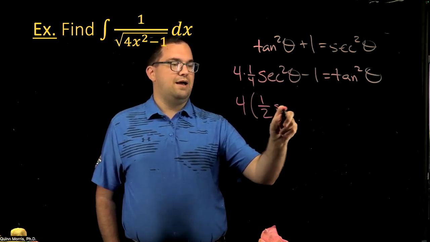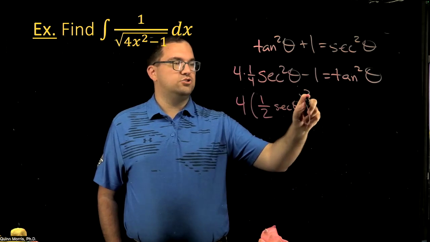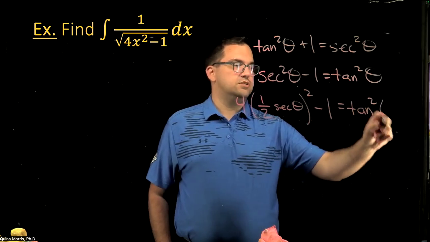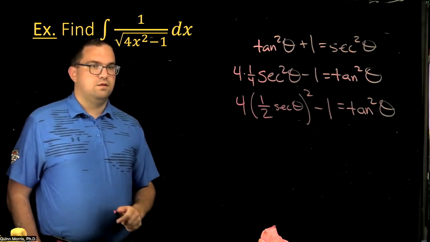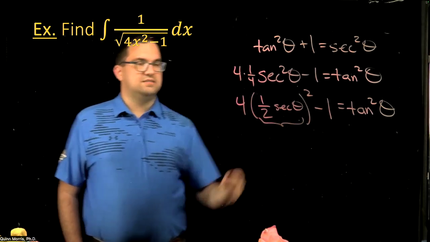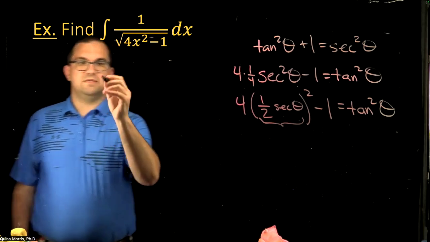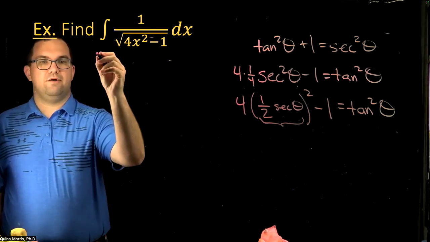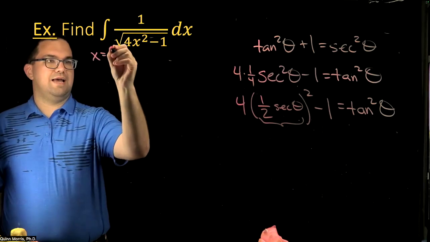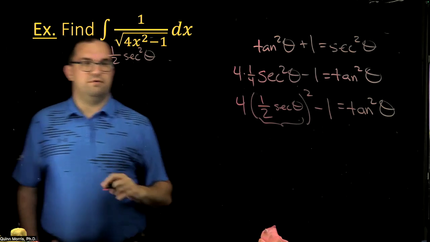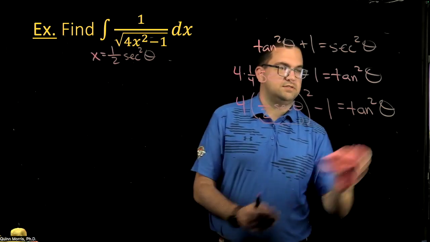So this would be 1/2 secant theta quantity squared minus 1, and that's still equal to tangent squared theta. So I'm going to try this substitution on this integral to see what it will give me. Let me go ahead and write it here before I erase. I'm going to try setting x equal to 1/2 secant of theta. And let's see if that'll help us.